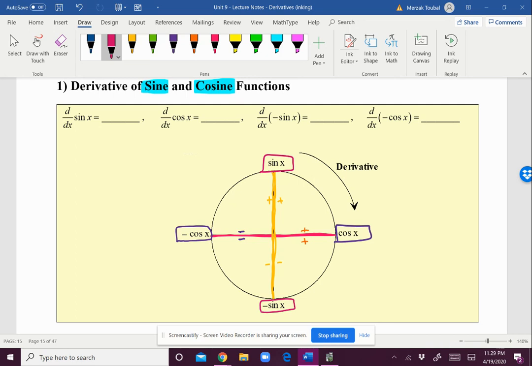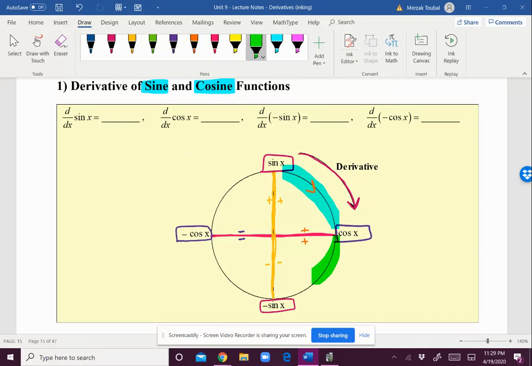Now the trick is the derivative of sine will be the cosine. So what we do, we move clockwise. So derivative of sine is cosine, moving clockwise.